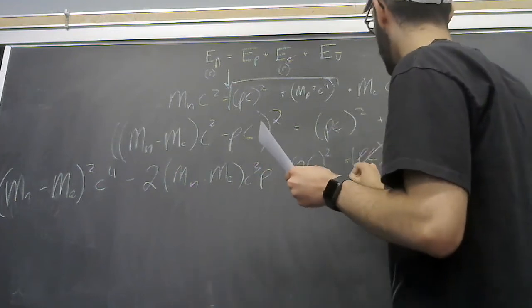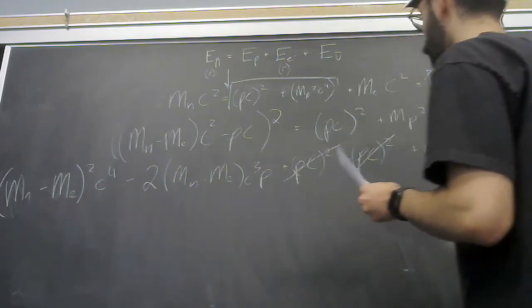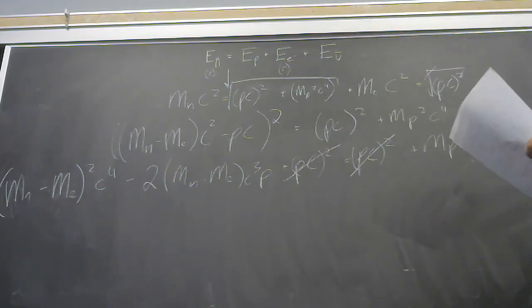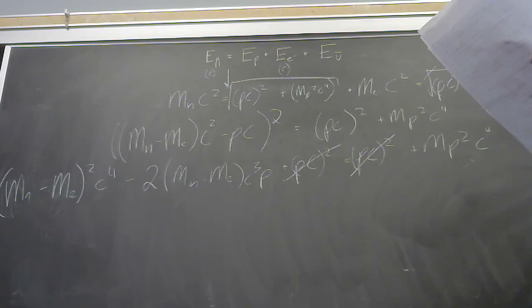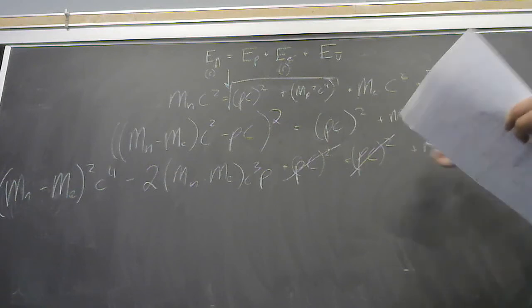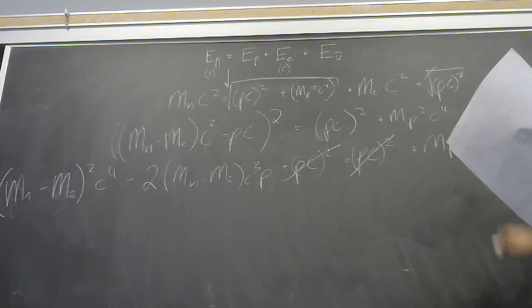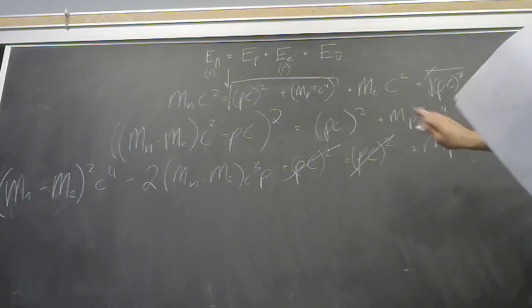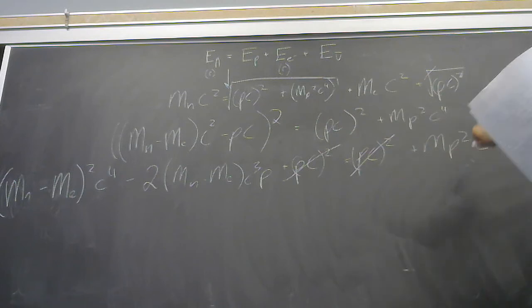At this point, we can now cancel out these (pc) squared terms, and what we're left with is this. The next thing I want to do is get these c to the fourth powers on the same side and get that c cubed to the opposite side.